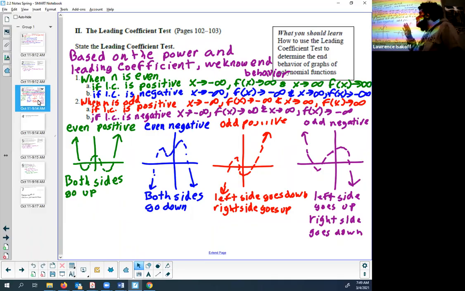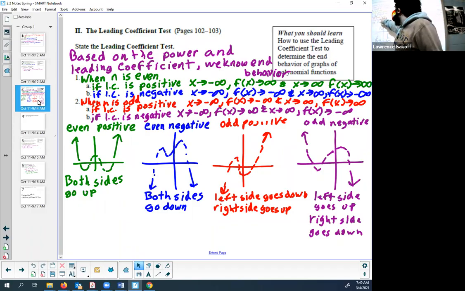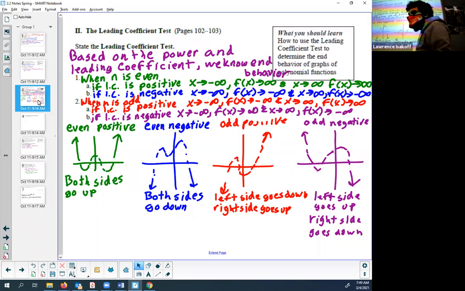Okay, now we'll talk about odds. Odds say the leading coefficient is positive, as x goes to negative infinity, that's the left side, f of x also goes to negative infinity. So the left side goes down, but the right side's going to go up because as x approaches infinity, f of x approaches infinity.